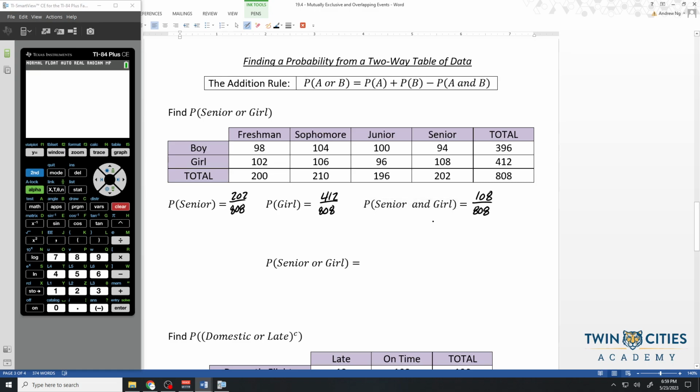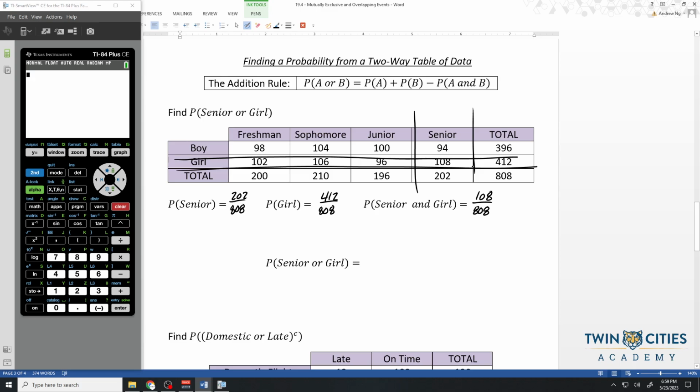The reason for the addition rule is because I want to eliminate the overlap. When I'm looking at how many seniors there are and how many girls there are, take a look. Seniors, I'm going this column. Girls, I'm going this row. What you'll notice is the overlap is this 108.